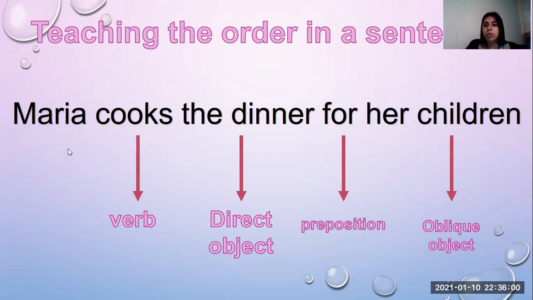That is mandatory. Then we have a verb, the direct object, the preposition, and the oblique object. So you can see here, Maria cooks the dinner for, we have the preposition, and the last one, the oblique object, her children.